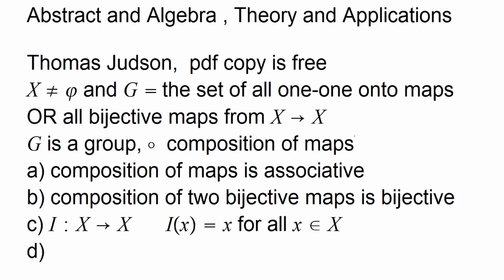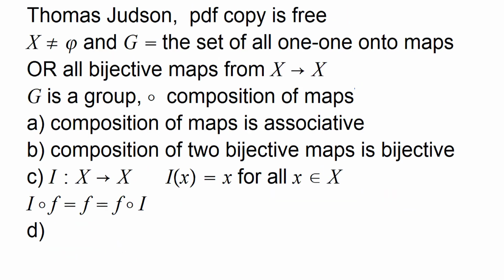In other words, I composed with F is F, and so is F composed with I, for all F in G. We have seen that when we have the associative property, just one side is enough.